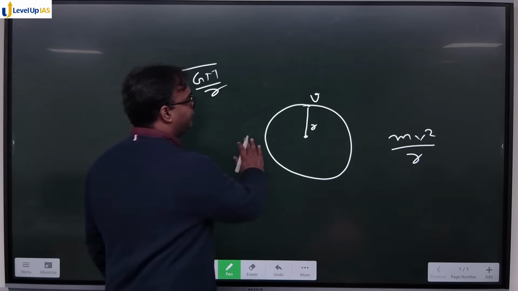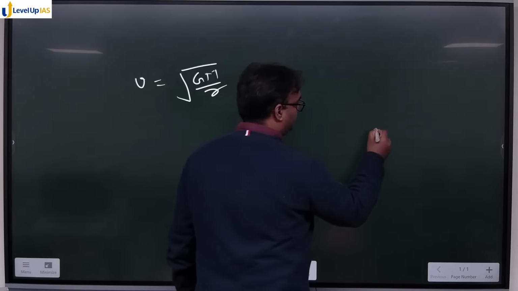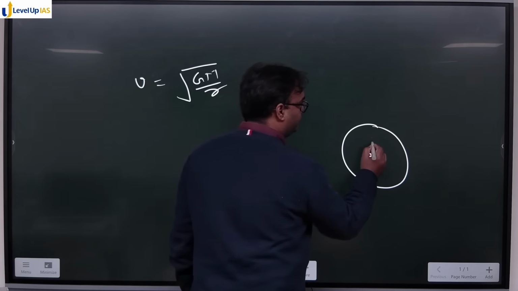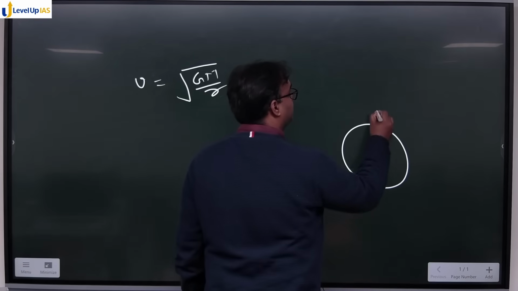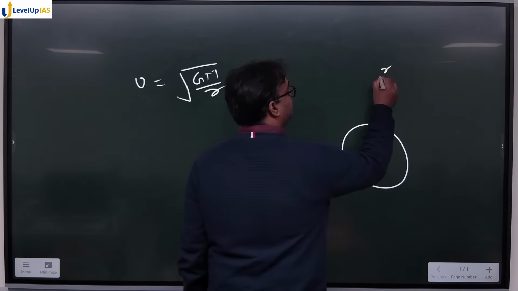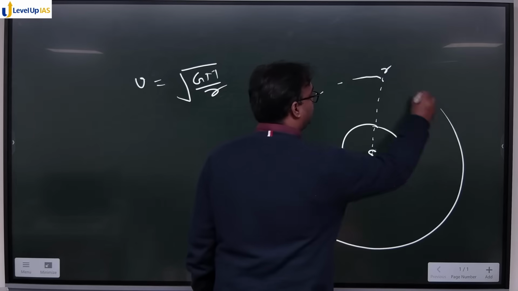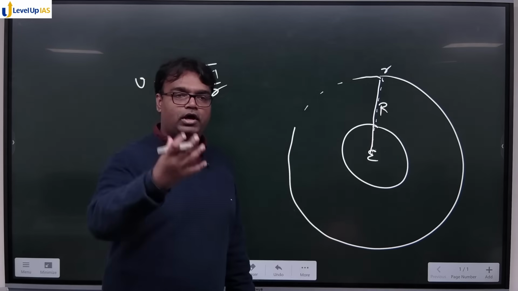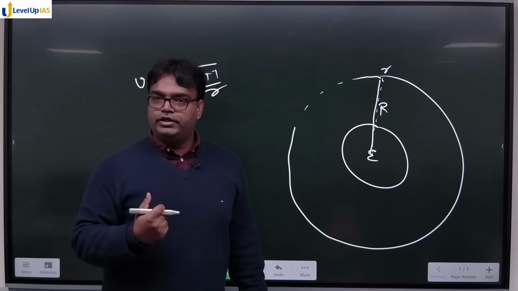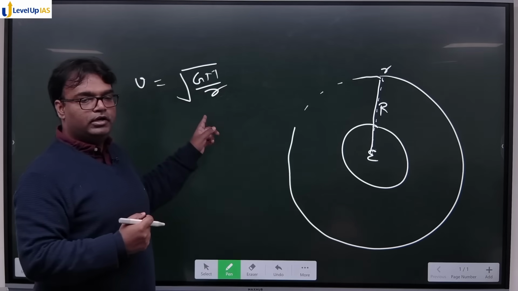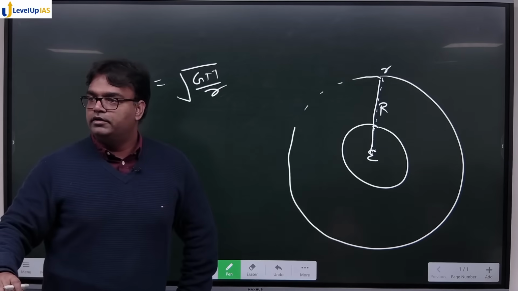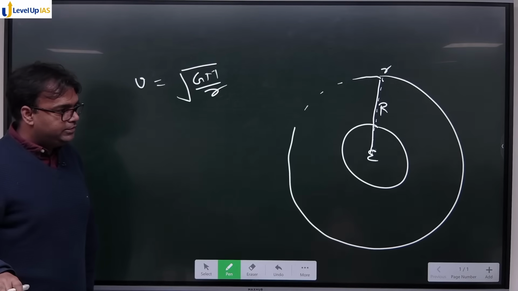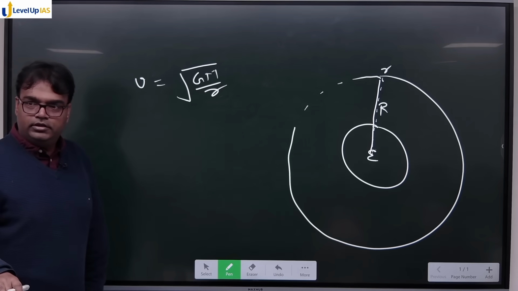So no matter, if this is Earth, and at R radius, let's say this is a circular orbit at a radius of R, no matter how small or how large a satellite you put there, its velocity would be under root GM by R. Did everyone understand this? Does it make sense? You are sure?